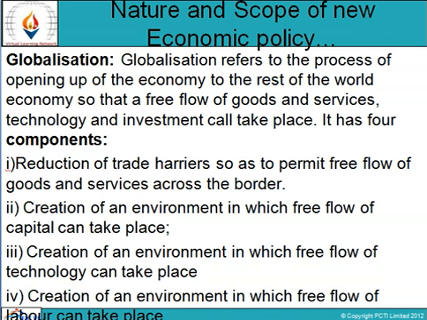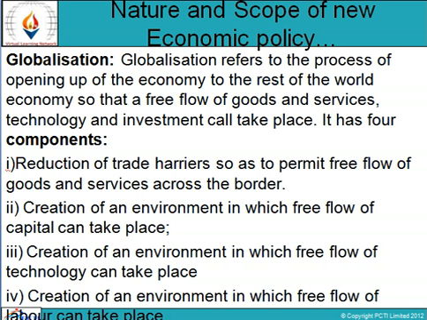Coming towards the last point, that is globalization. Globalization refers to the process of opening up of the economy to the rest of the world economy so that a free flow of goods and services, technology and investment can take place.